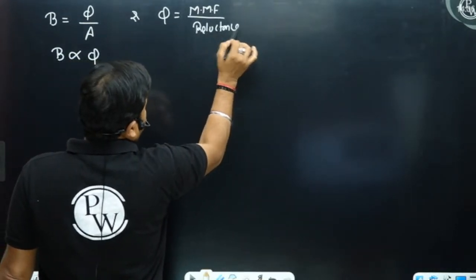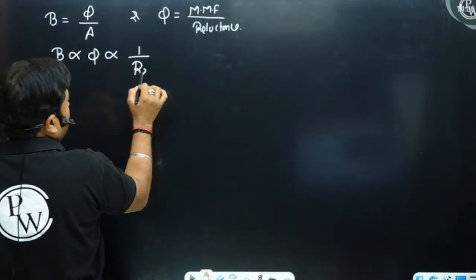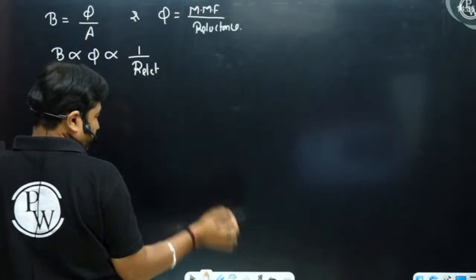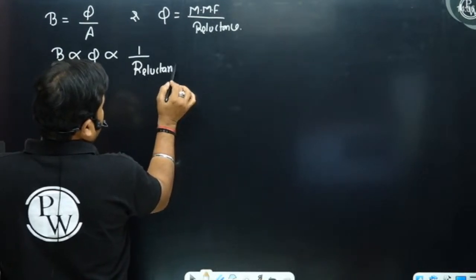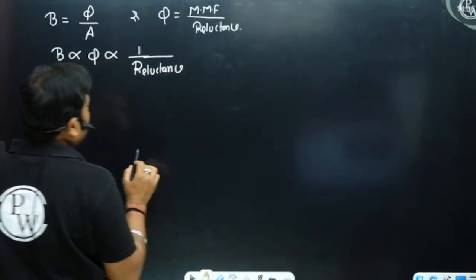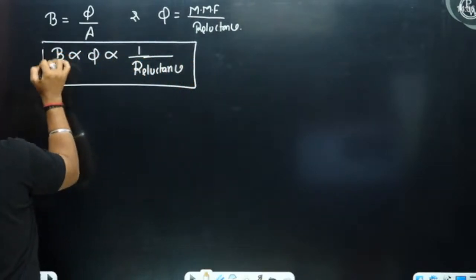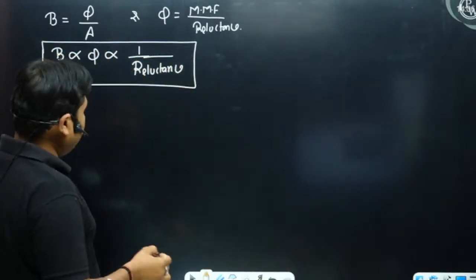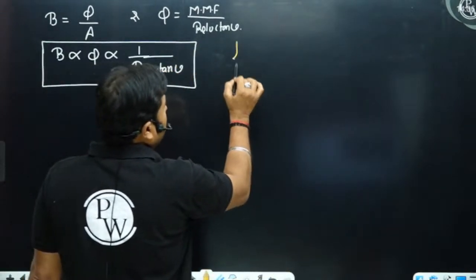Since there is no change in the MMF, you can say flux is inversely proportional to reluctance. So flux density is proportional to phi, and phi is inversely proportional to reluctance because of the same ampere turn.